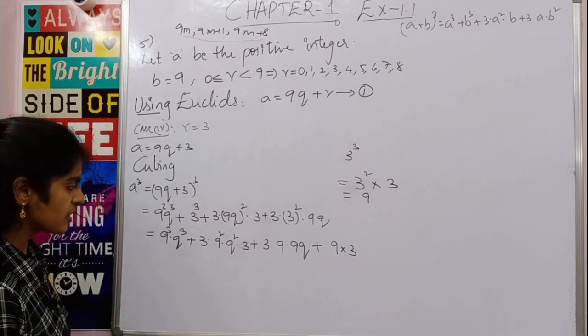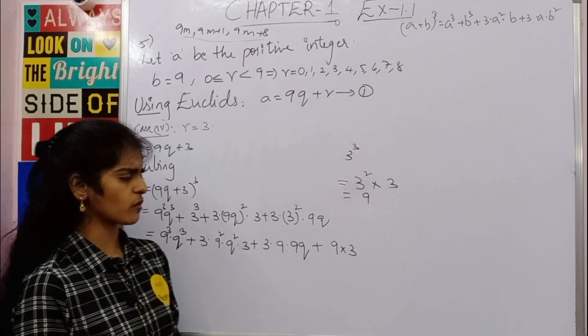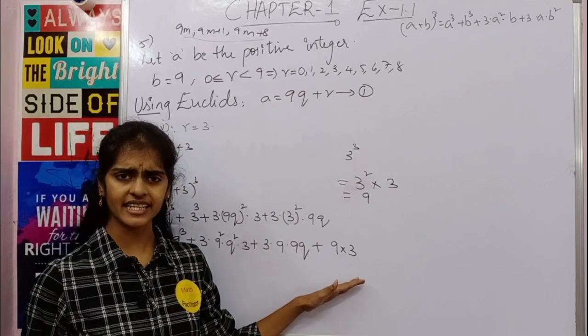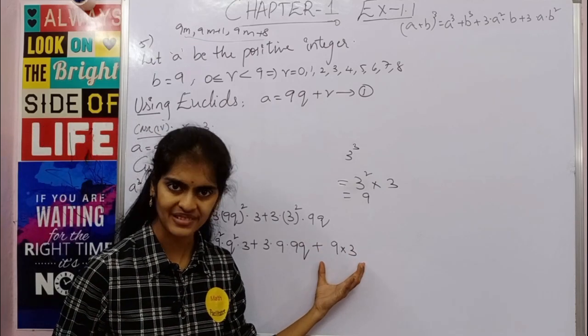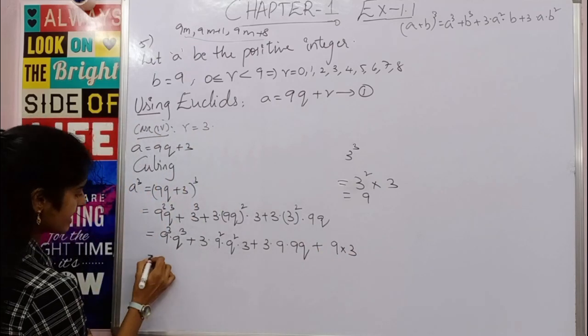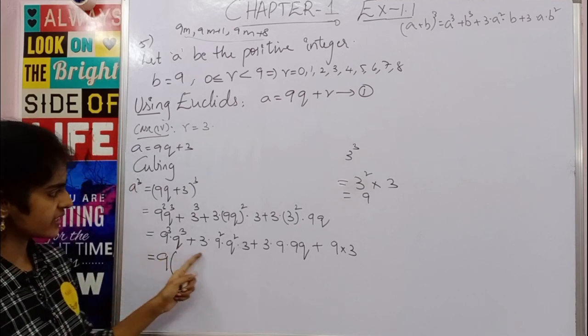Why? Because in all these terms you can take 9 common. All these problems we are doing in the same way. Are you getting it? Wherever you can take it as common, you are just splitting the term. So now you can take 9 common from all these terms.